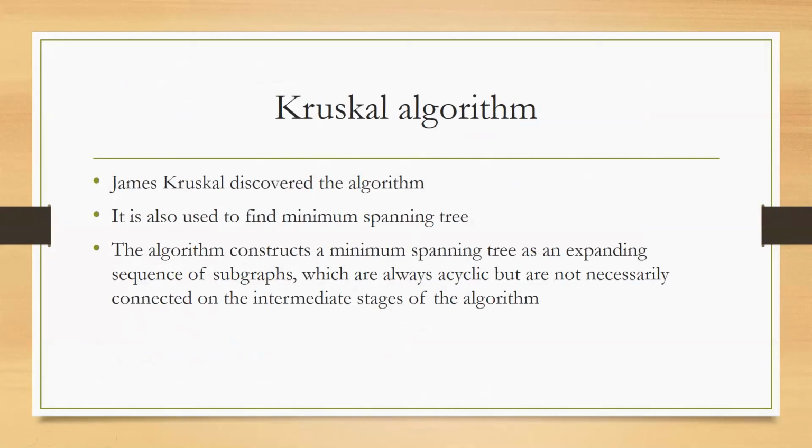It should not contain a cycle, but are not necessarily connected. In the initial stages, they are not connected, but later they get connected and they give the final output. In the intermediate stages, they will not be connected. As the iteration grows, some of the subgraphs get connected to one another, and finally it becomes a single spanning tree.